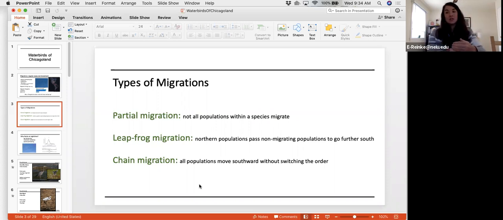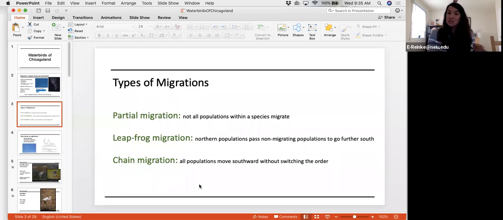And so if you've taken any animal physiology, if you know anything about thermal tolerances, you might be thinking a little bit about how interesting that is, that some populations of Canada geese can tolerate overwintering in Chicago, and some of them can't. Some of them are going to try to move further south. And that might have to do with individual variation. That might be a population level adaptation.